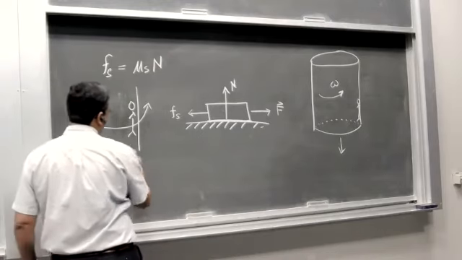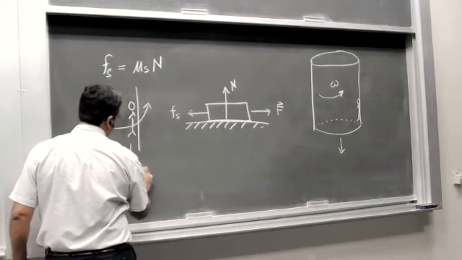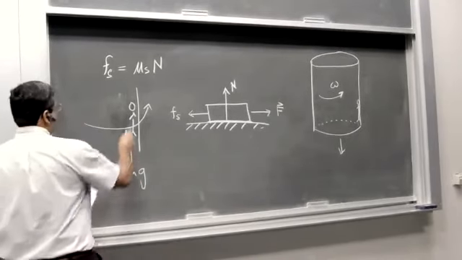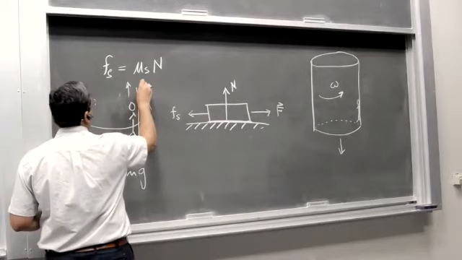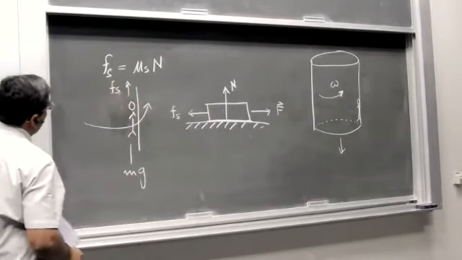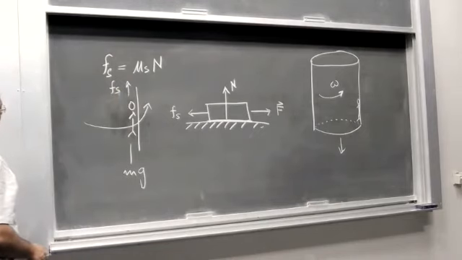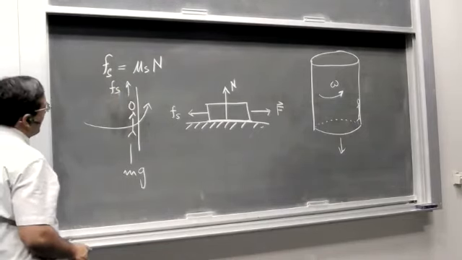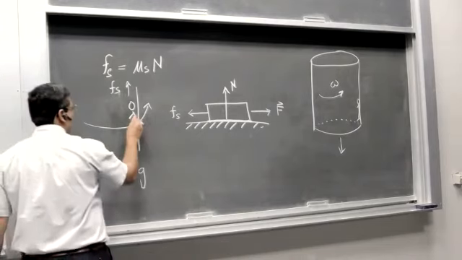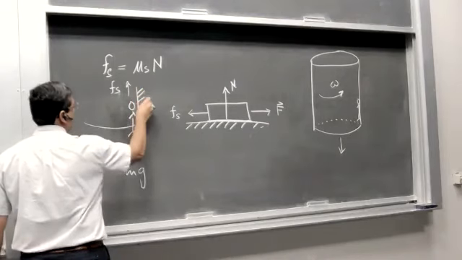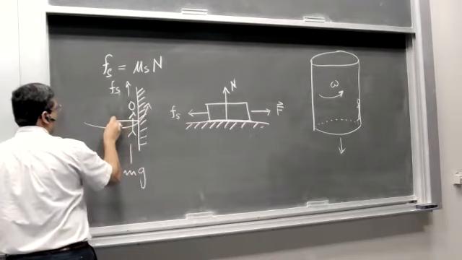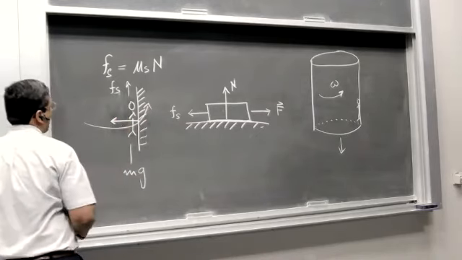It's the weight of the person that is acting downwards, and in the opposite direction you would have Fs. But where is the normal force coming from? This is the person, and this is the surface here. The surface exerts a normal force on this person.